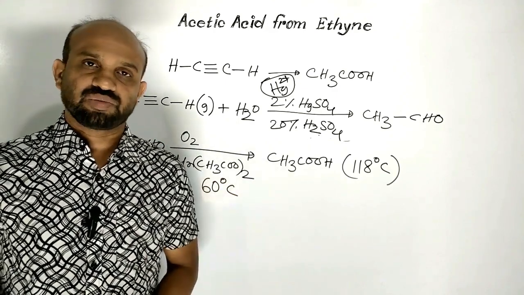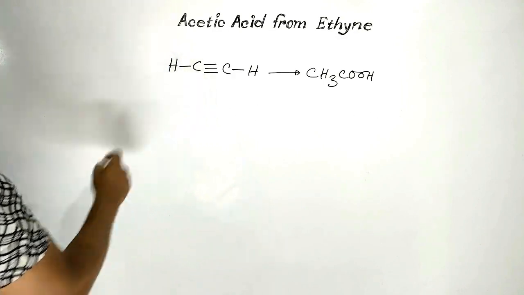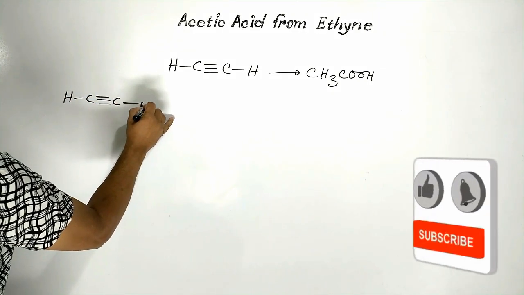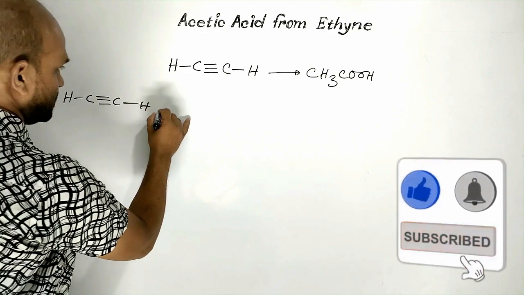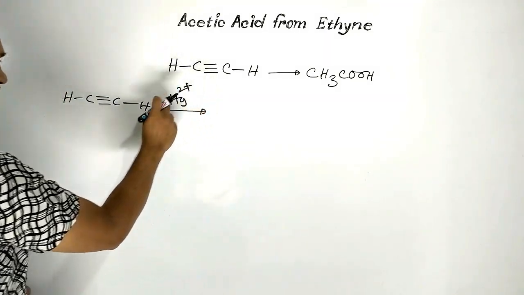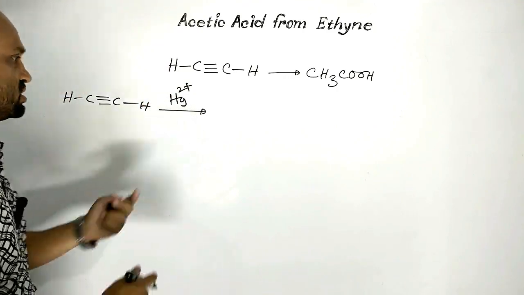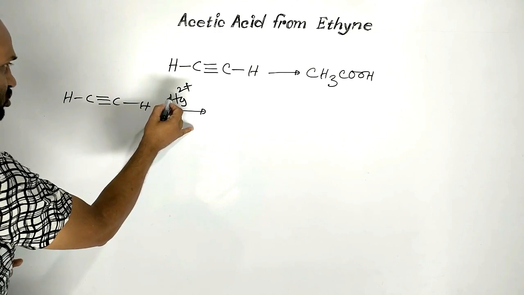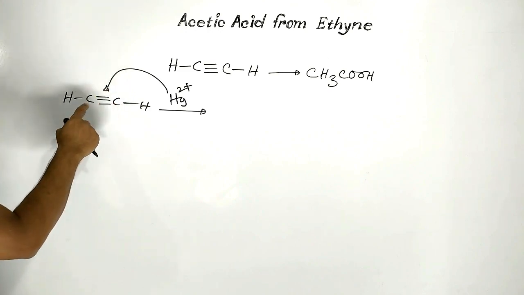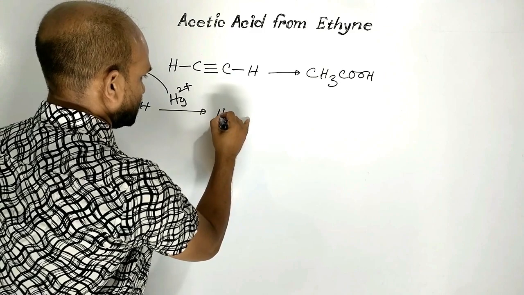Let us see actual mechanism of the reaction. Ethyne or acetylene. Here, catalyst is 2% mercury sulfate. This mercury ion makes a bridge between two carbon atoms, triple bonded carbon atoms, in this way.